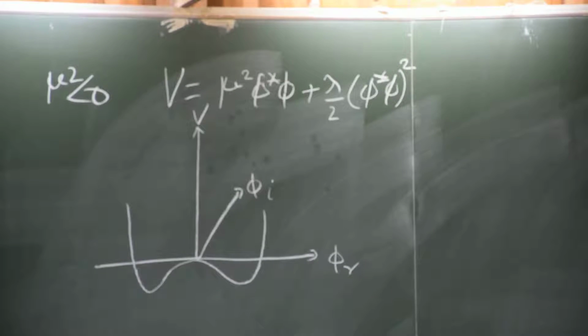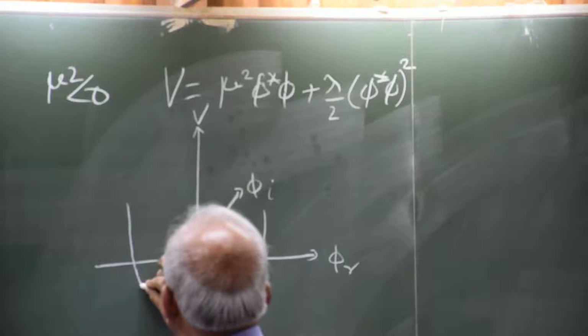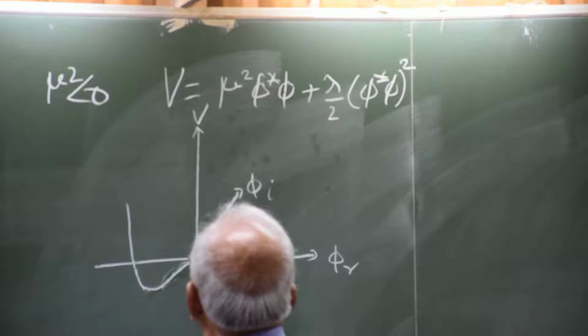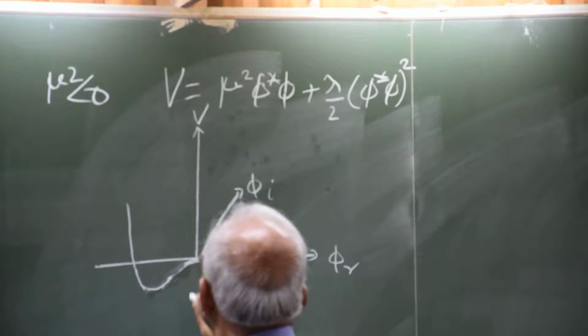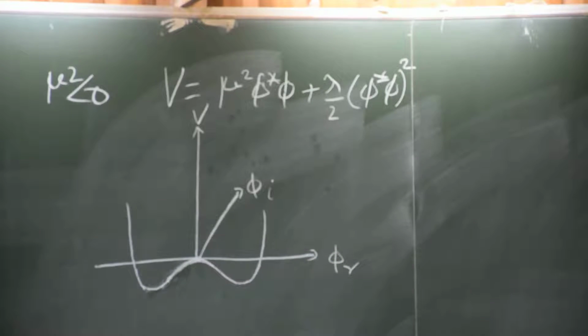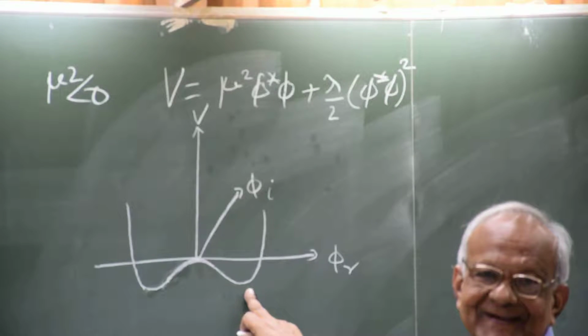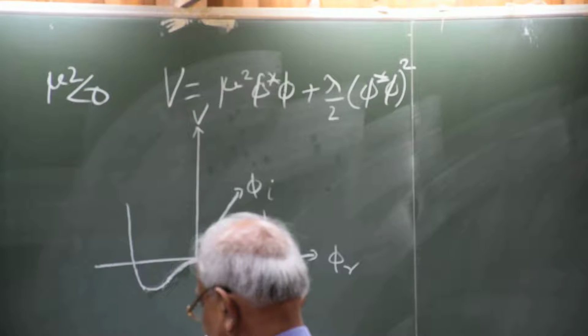Yes or no? Okay. So the minimum will occur when the first derivative vanishes. So let's calculate the first derivative.